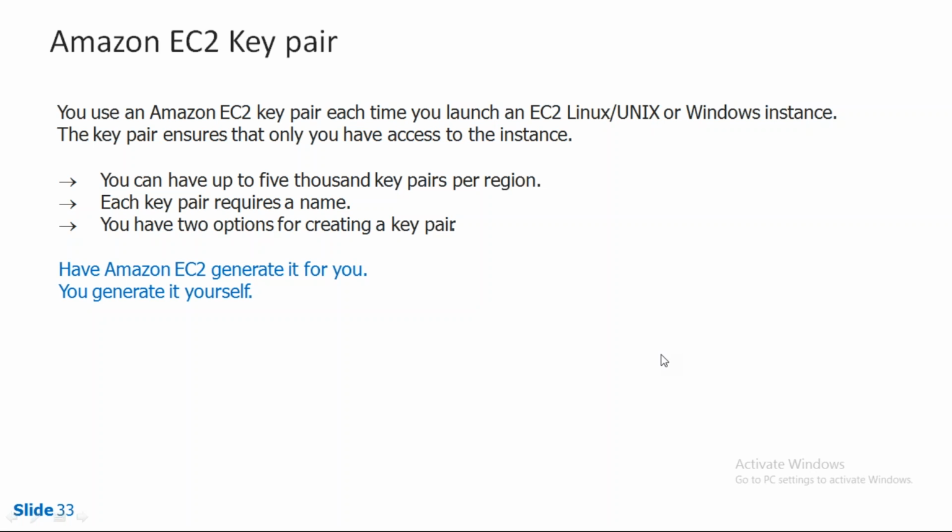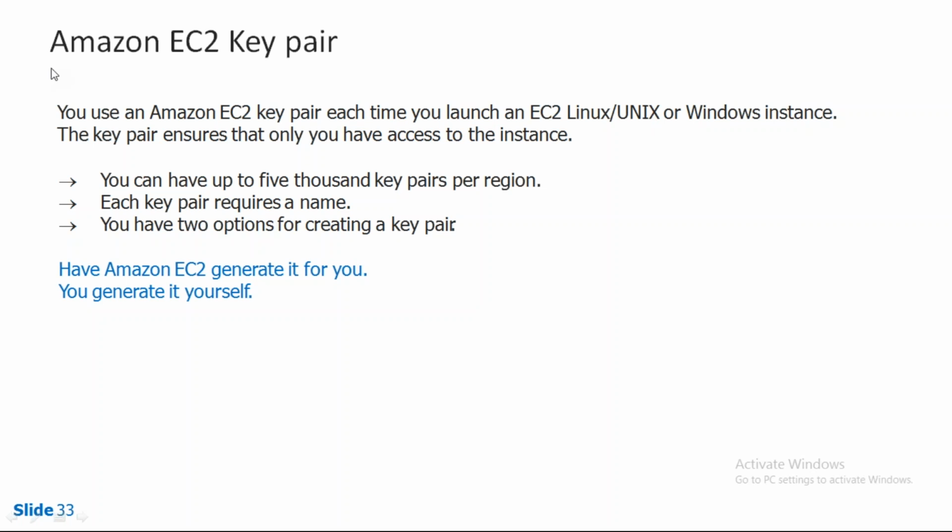But when you are trying to connect from a different OS laptop or server, then PPK format is needed. That's what we have seen, how to convert from PEM to PPK by using PuttyGen software. I hope you have downloaded it, and I hope you all have created your accounts. We use Putty to connect to a machine, but PuttyGen is used to convert a key pair from PEM to PPK.